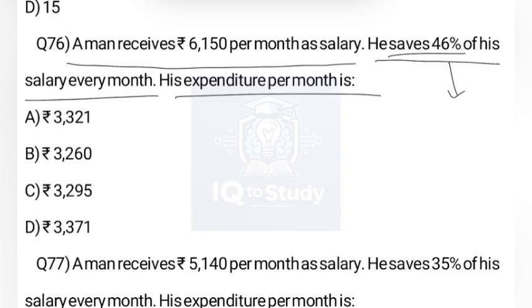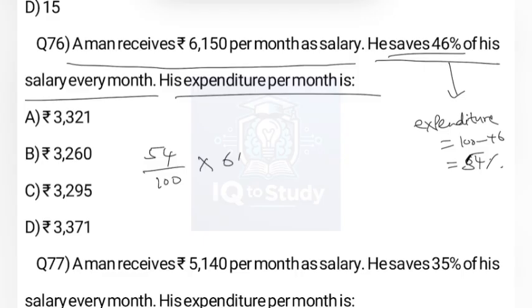He saves 46%, then expenditure becomes 100 minus 46, which is 54%. So 54% of 6,150 is equal to 3,321.